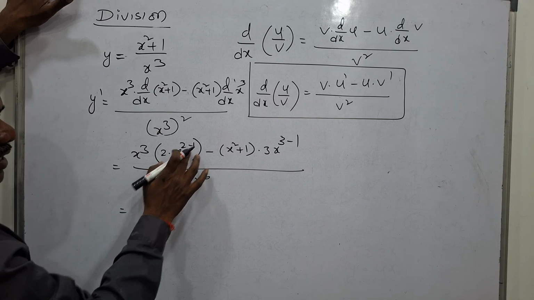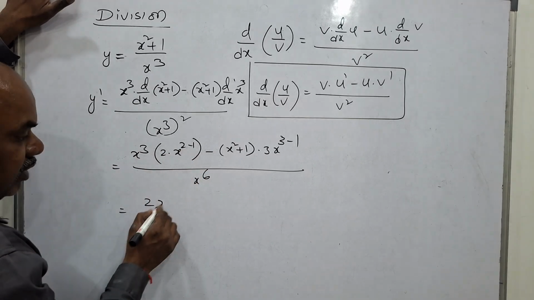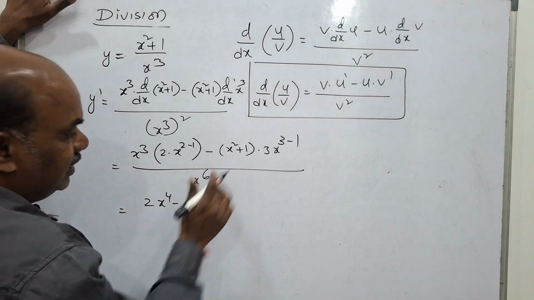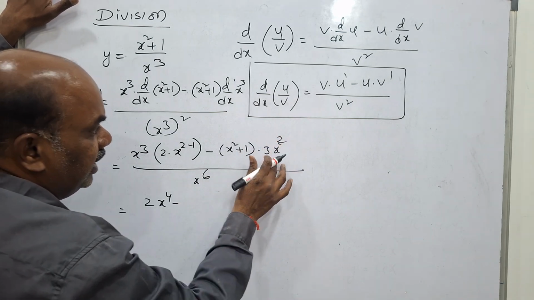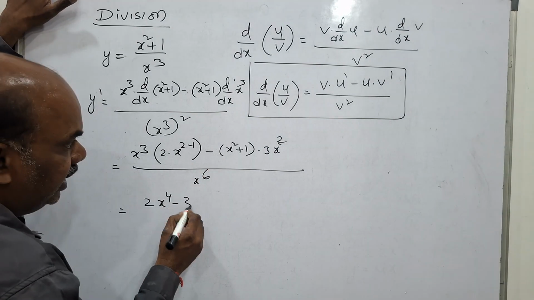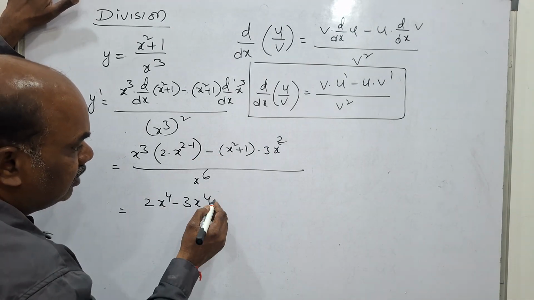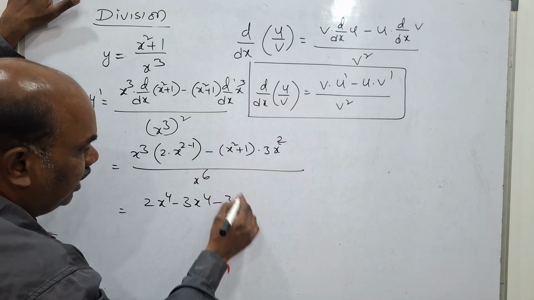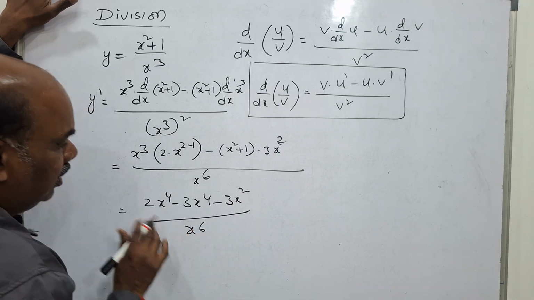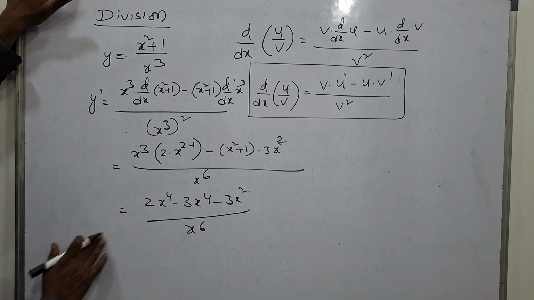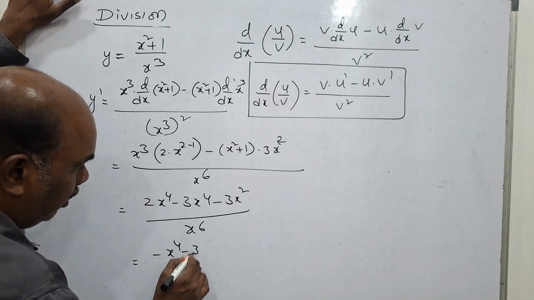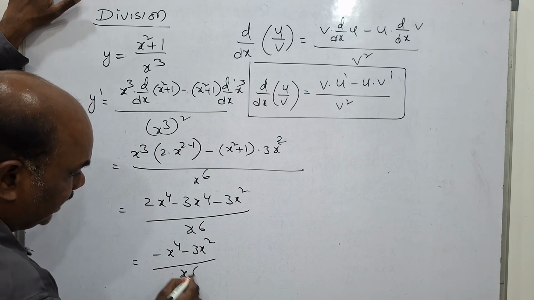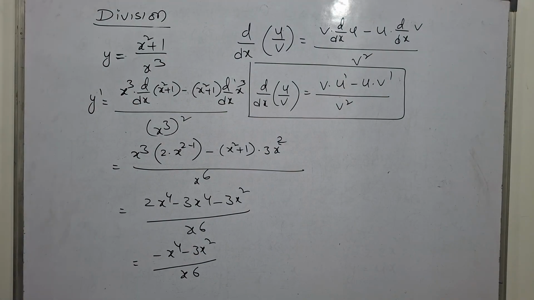So 2 into x power 4 minus 3x square into x square, 3x power 4 minus 3x square, by x power 6. 2x power 4 minus 3x power 4, simply minus x power 4 minus 3x square by x power 6. This is the answer for the above question. Please note down.